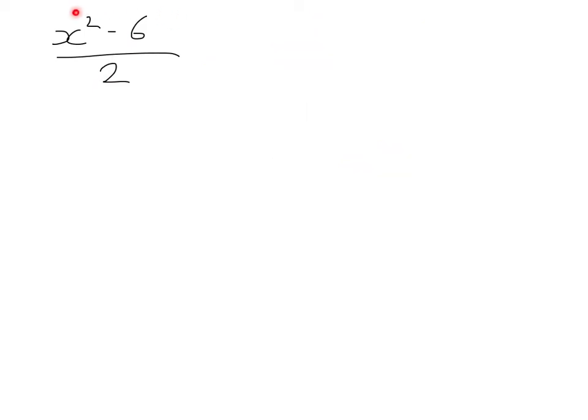It's different because we have two terms on top. We have a binomial on top here, whereas up until now we've always had monomials, single term on top, single term on the bottom. That has now changed. And so if you're going to simplify the numbers, you have to simplify the numbers in every single term, top and bottom.